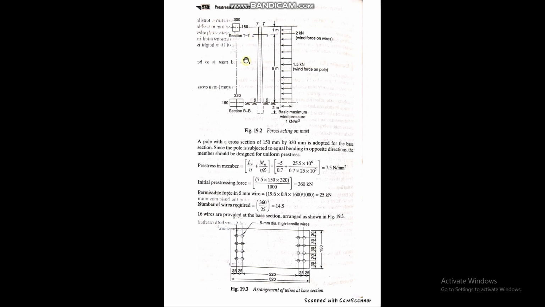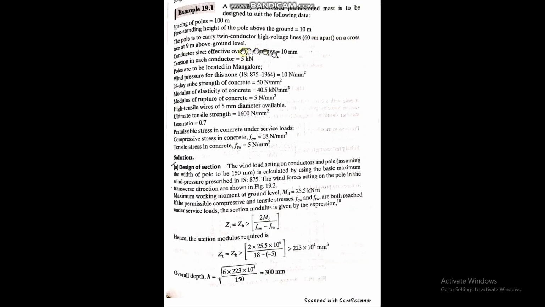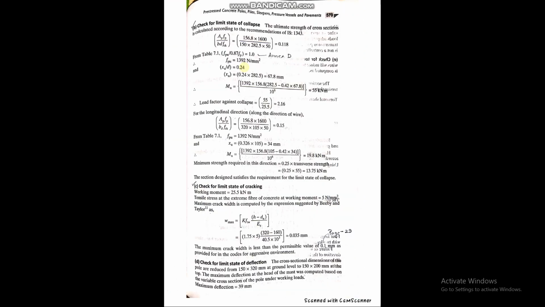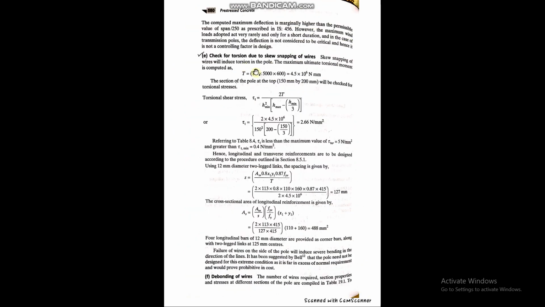So this will generate a torsion obviously, and the wires are carrying around 5 kilonewton tensile load, the tension in each conductor is given as 5 kilonewton. So you have 5000 newton that is the tension load carried by the wires, and the distance between them is 600 millimeter. If you multiply this, you have a torsional moment that is acting on the top of the pole where the dimension is 150 cross 200.